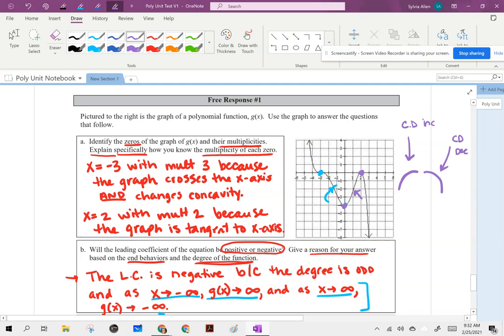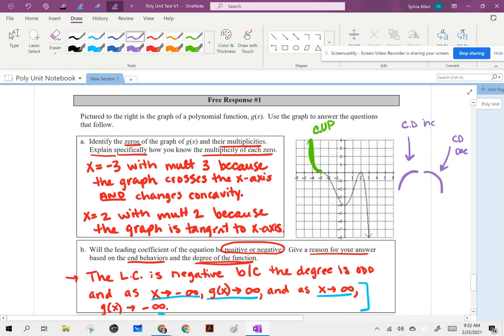If it looks like any type of this curve, then it's going to be concave down. So let's take a look. From here to here, this is concave up. It looks like the up part of a cup.